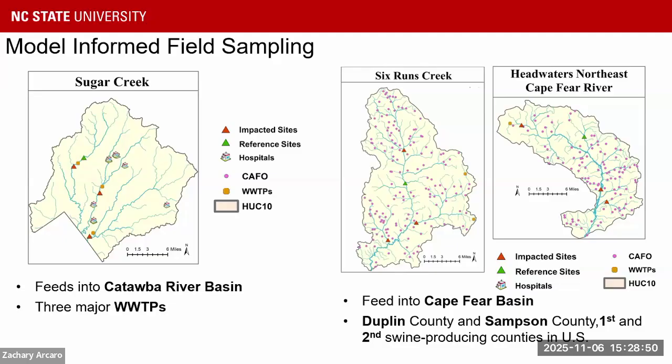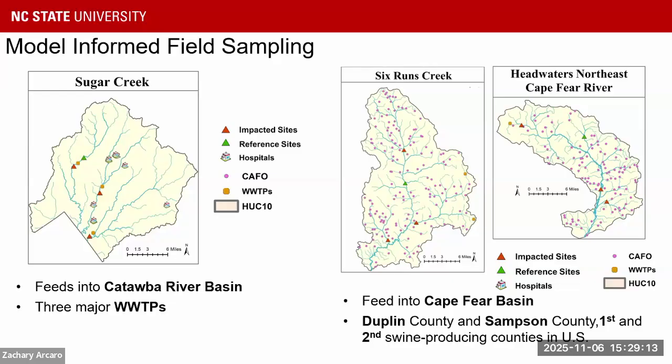The other 2 that we focused on both feed into the Cape Fear Basin, Six Runs Creek and headwaters northeast of Cape Fear Basin. They were part of Duplin County and Sampson County, which are first and second for swine producing counties in the United States. So it followed along with what we were getting from our analysis.